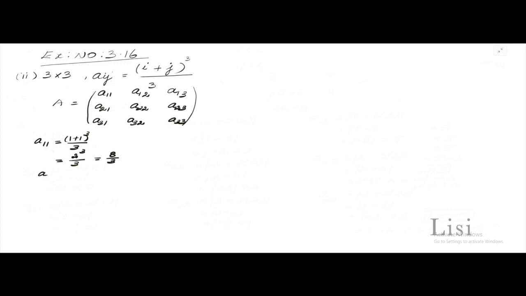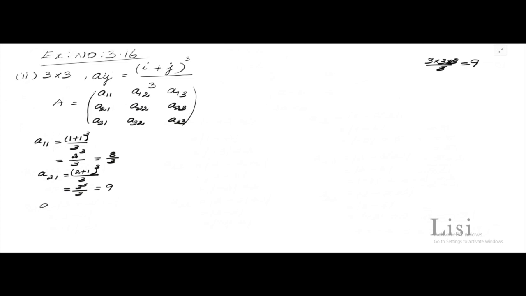Next, A21 is equal to i is 2, j is 1, to the power 3 by 3, which is equal to 3 to the power 3 by 3. Here 3 to the power 3 means 3 into 3 into 3, and divide by 3, so one 3 gets cancelled, remaining 3 threes are 9. So this will be written as 9.